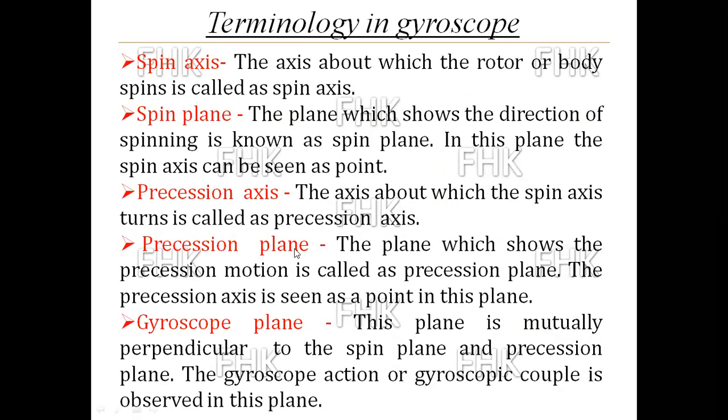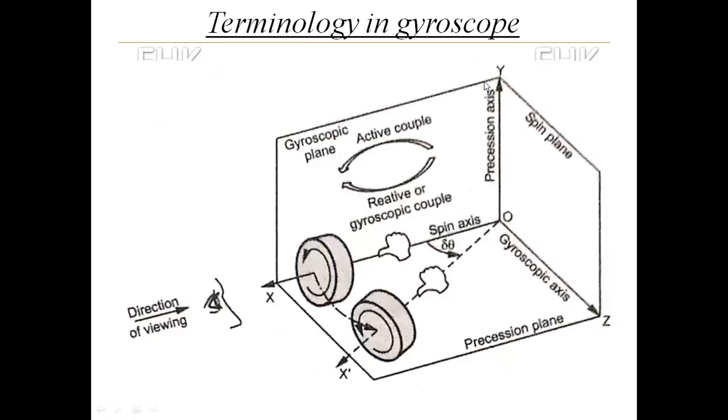Now, the precession plane. The plane which shows the precession motion is called the precession plane. From the top view, you can see the turning of this rotor. See, there are two motions. One is the spinning motion, the spinning rotation, and the second rotation you can see from the top view, about the OY axis. This is rotating around the OY axis.